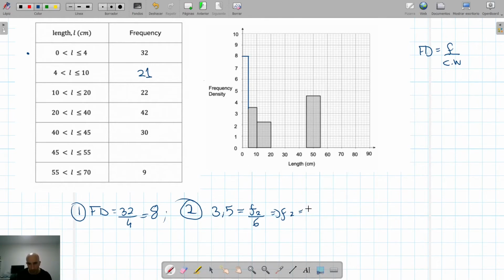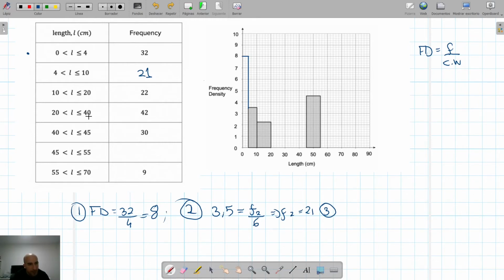Now let's go to our third interval. The frequency is 22, and the class width is 10, so that's 2.2. That's correct. So now let's go to our next interval, which is 20 to 40. 20 to 40 is missing here, and its frequency is 42.